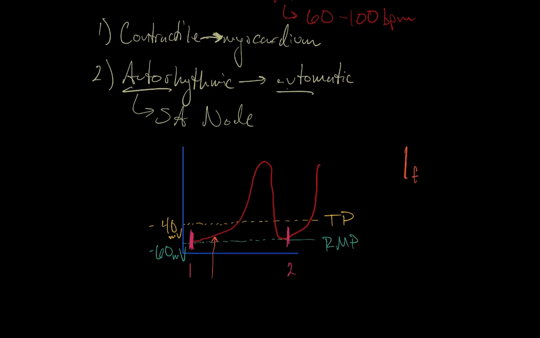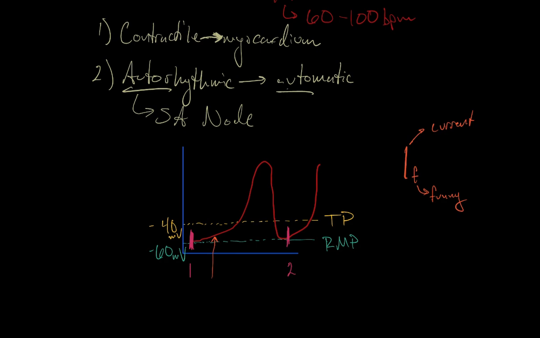The I stands for current, and the F stands for funny. The early scientists who discovered these channels thought they behaved in a funny way because they are permeable to both sodium and potassium, however they're more permeable to sodium. So they called them funny current channels.